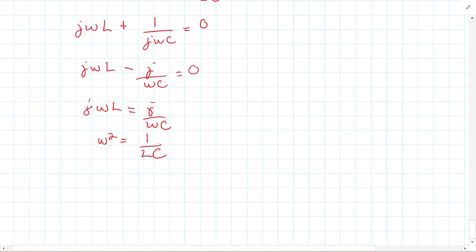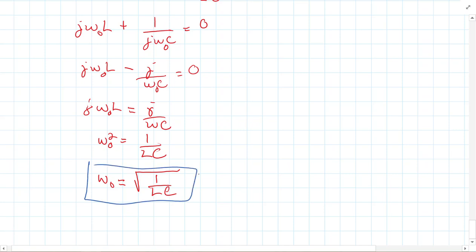And so these actually should be omega naughts here. So omega naught, or my center frequency, is the square root of 1 over LC. So this is our first critical equation here.